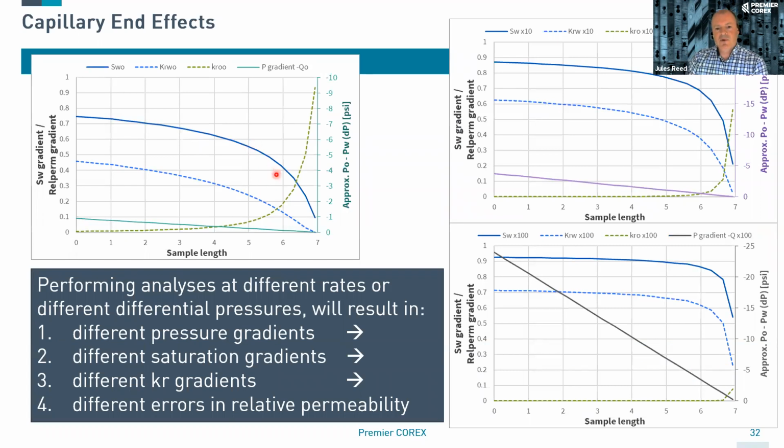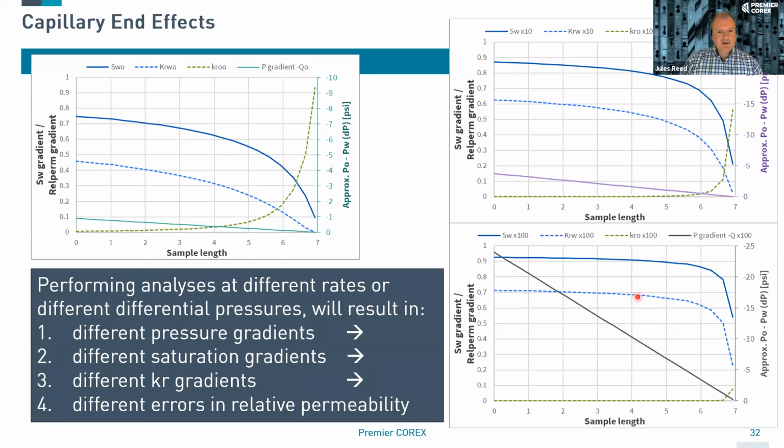So for different forces being applied, this is a low force being applied, a low gradient, and this is the linear gradient in that core flood. What we see is this saturation gradient. This causes this gradient in my water curve, this gradient in my oil curve of relative permeability or effective permeability. And if I were to use a higher pressure, I would see this data. So slightly different saturation gradient, different water and oil gradients, and so on.